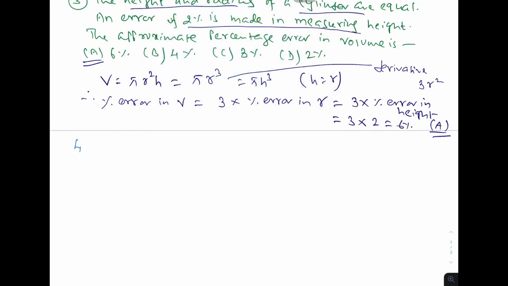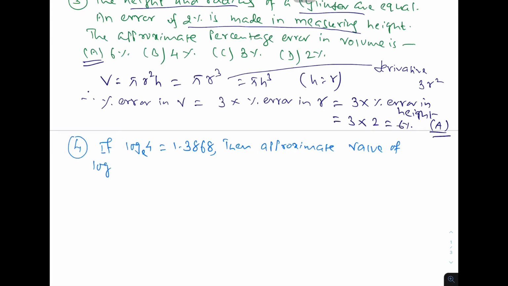Now let us take another example. If log 4 base e equal to 1.3868, then approximate value of log of 4.01 base e is blank.